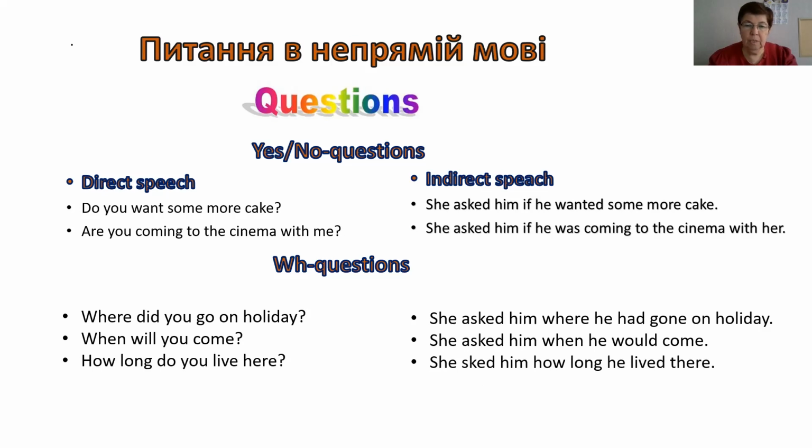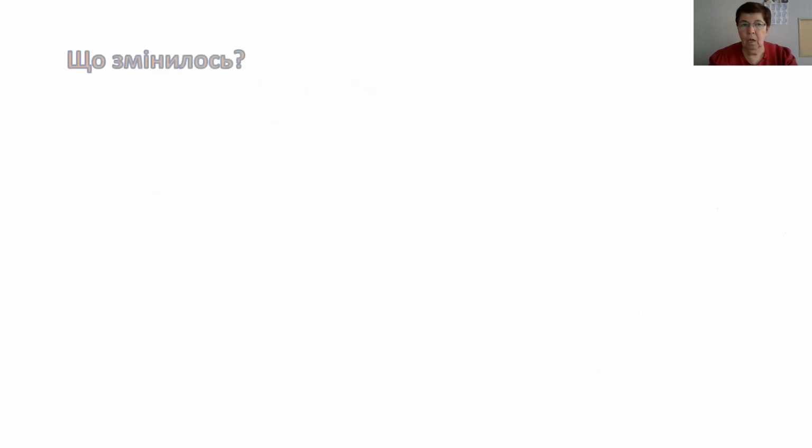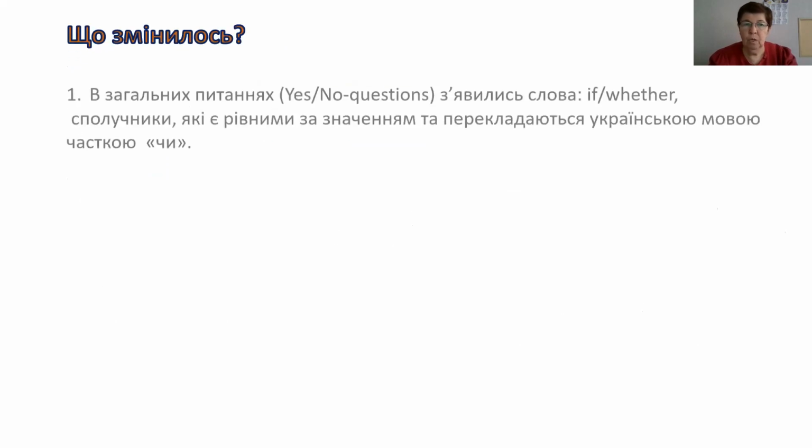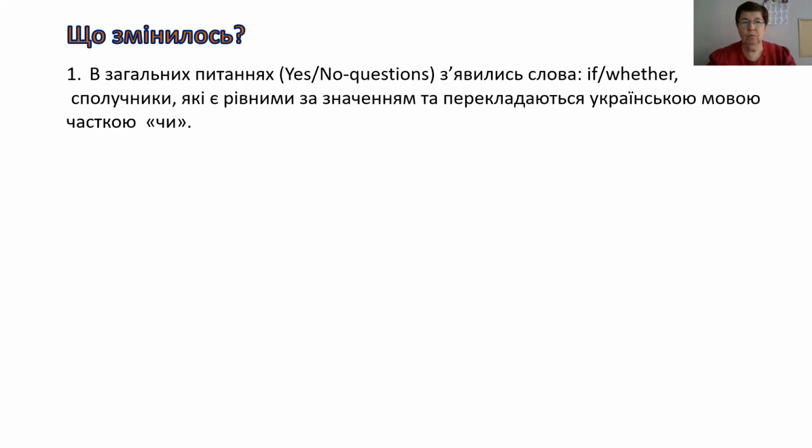So these are the examples, and now we are talking about the rules. What has changed in all these situations? In general questions, there appeared a new word, shown here: if or whether.